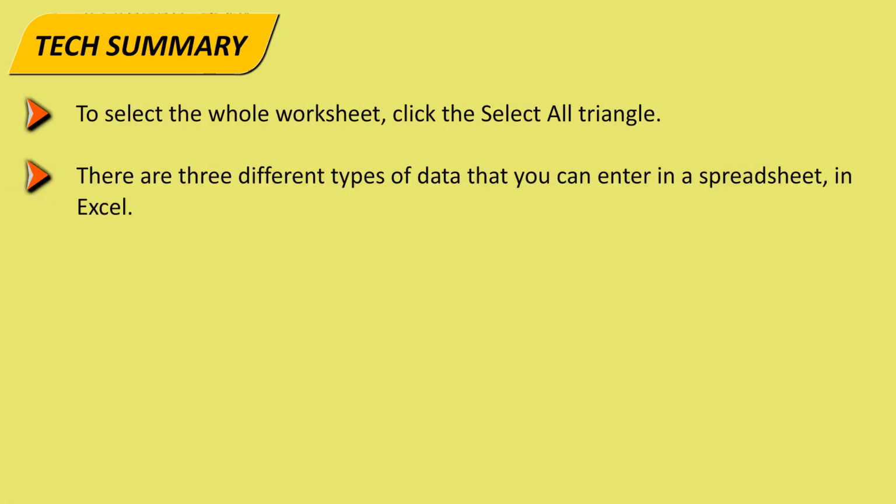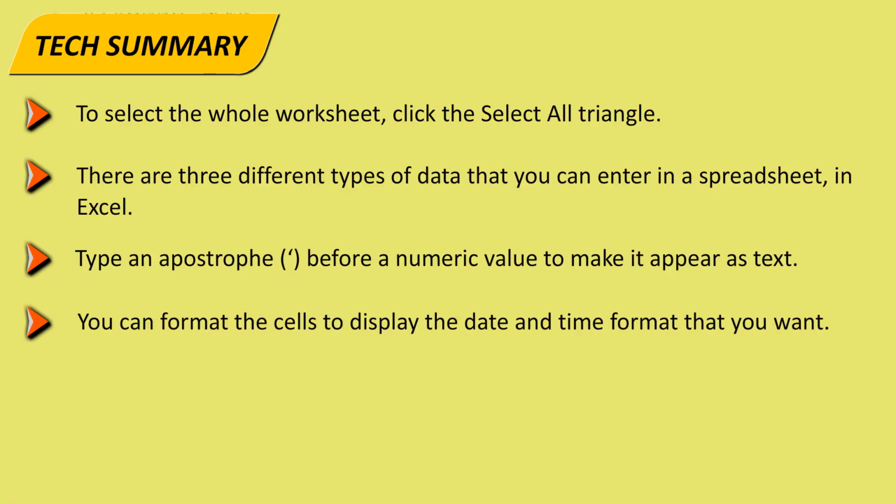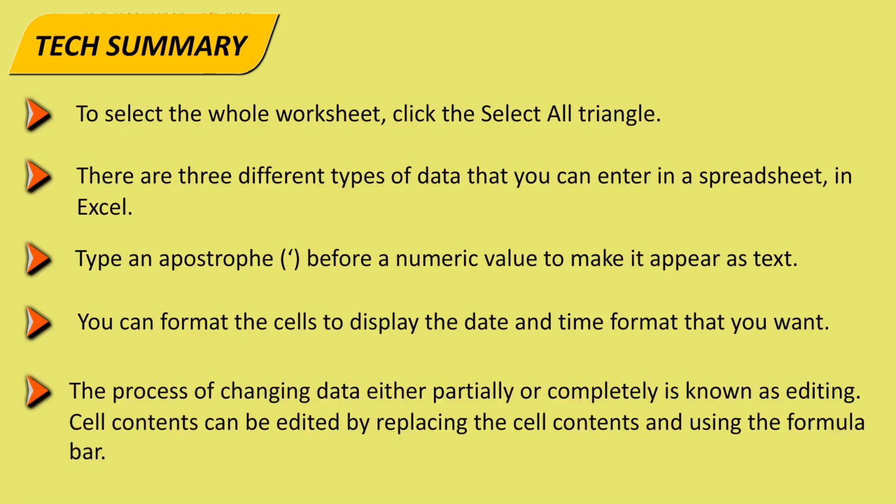There are 3 different types of data that you can enter in a spreadsheet. In Excel, type an apostrophe before a numeric value to make it appear as text. You can format the cells to display the date and time format that you want. The process of changing data either partially or completely is known as editing.